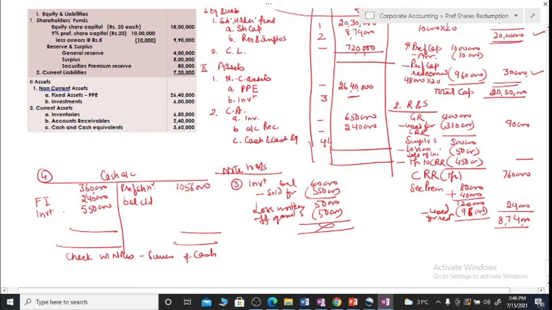Okay, so we have got a balance of 94,000. Now we can verify whether our balance sheet is matching or not. All right. Okay, so our balance sheet is perfectly matching, so that means we have done this question correctly.